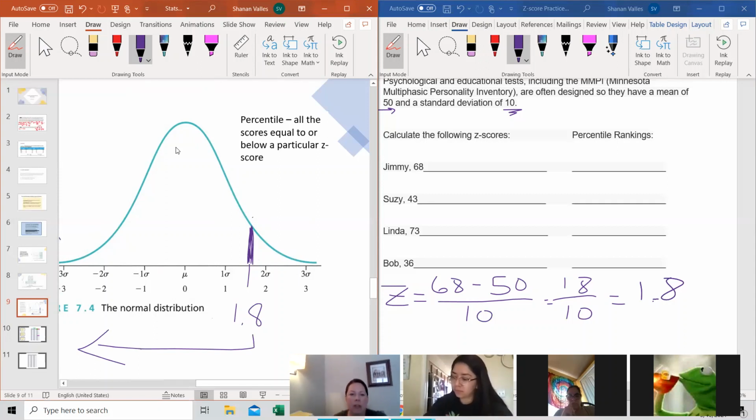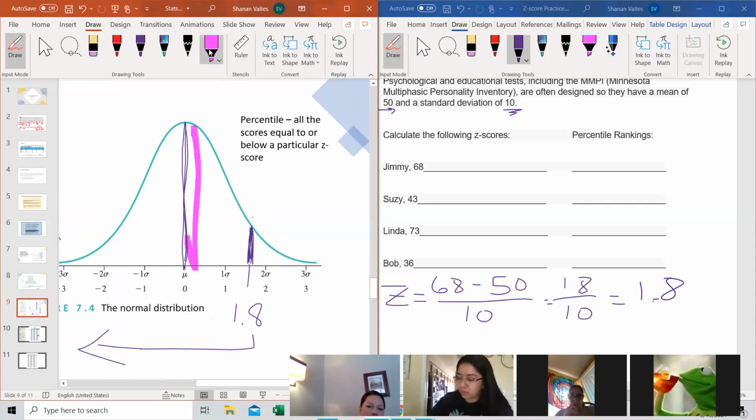How we figure this out is we use our trusty little table. If we look at this chunk right here, we're looking from a Z to the mean.